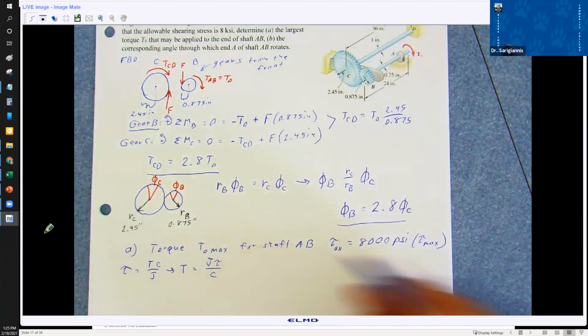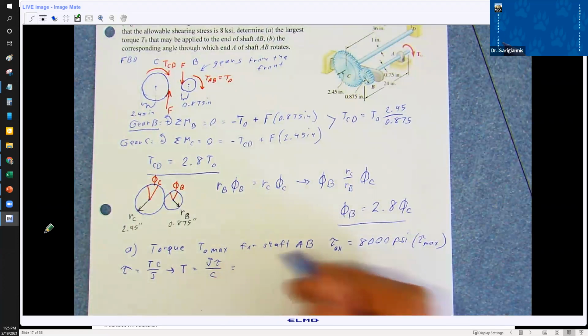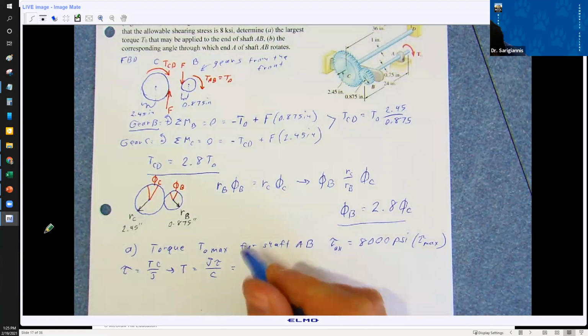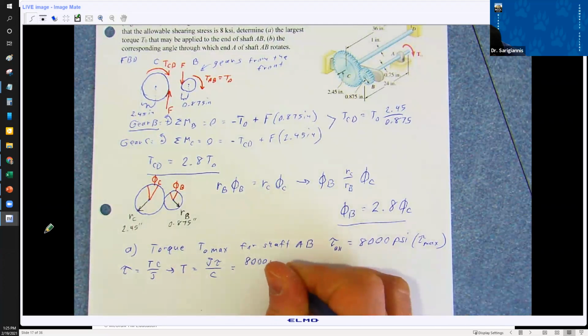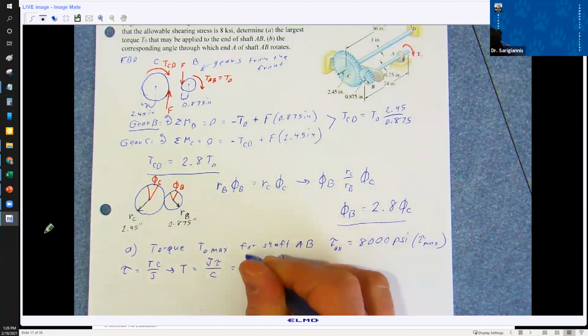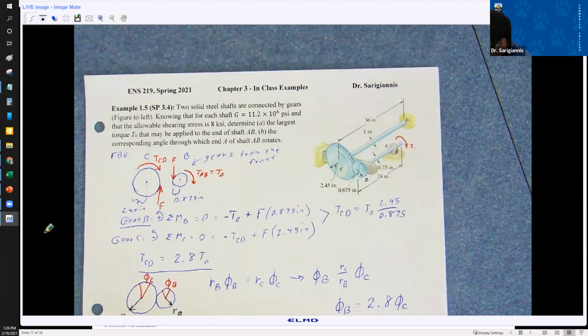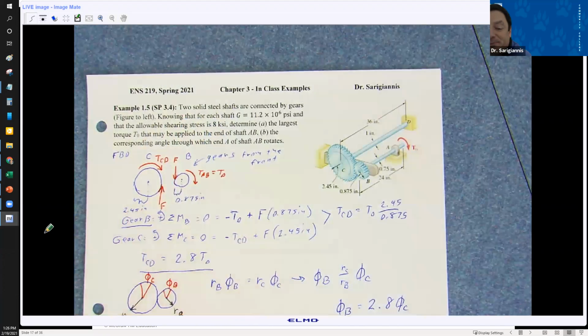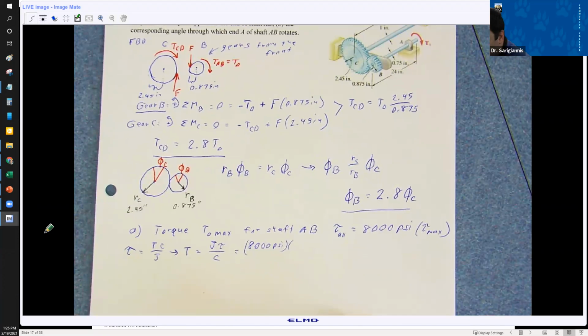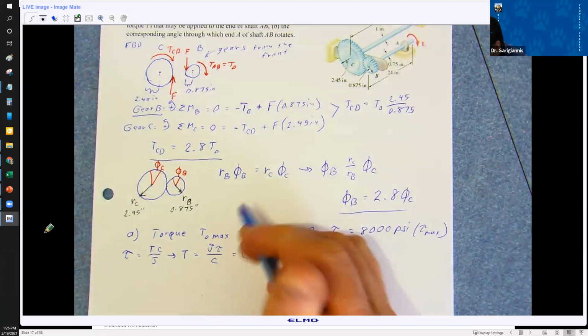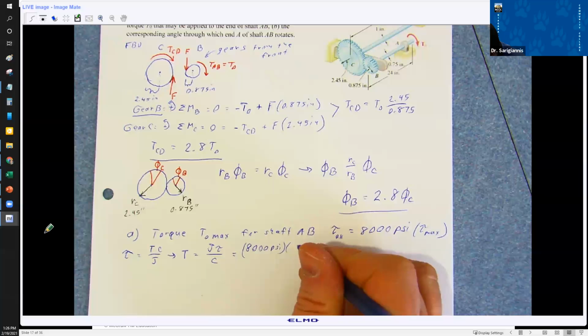So let's write this out. I'm going to put the shear stress first. I'll have 8,000 psi. For my polar moment of inertia, these are solid steel shafts. So that's based on the radius of the shaft to the fourth, so it's pi over 2.